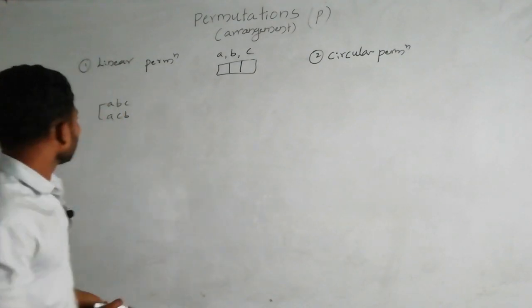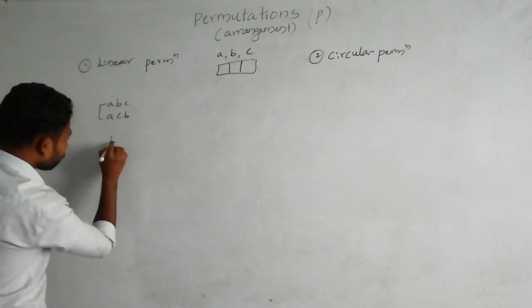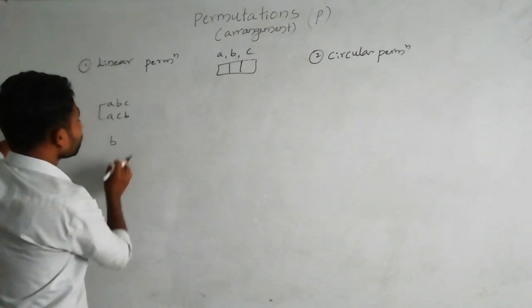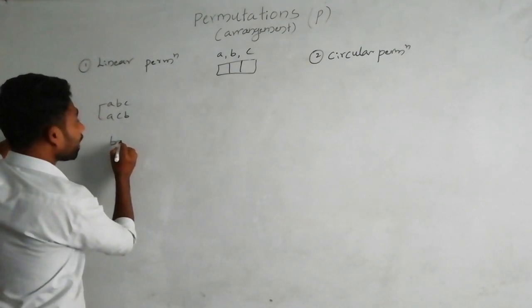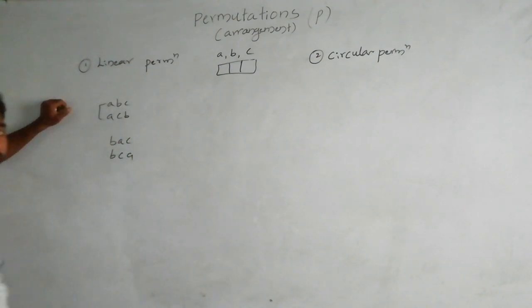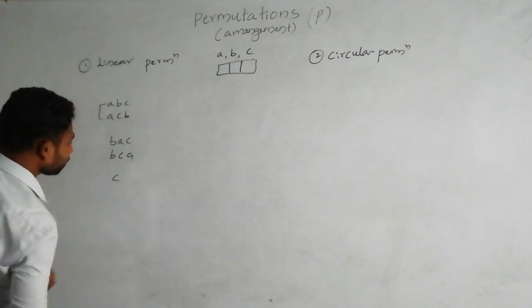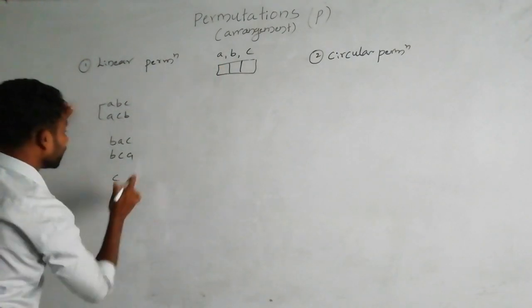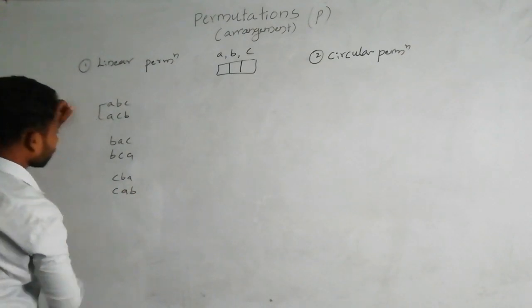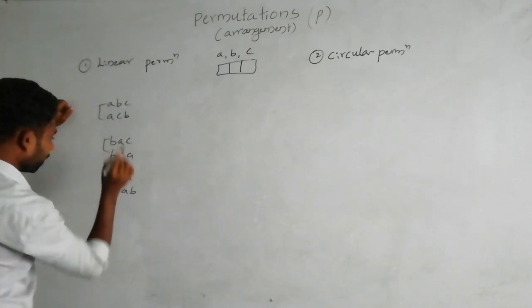Next, B is in the first place. Fixing B in the first place, the remaining two letters give us B A C and B C A. Similarly, with C in the first place, the remaining two letters give C A B and C B A. Clear? Yes.